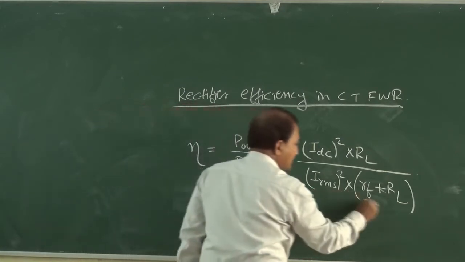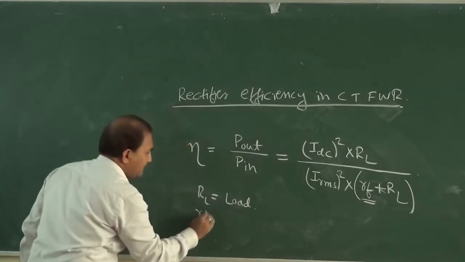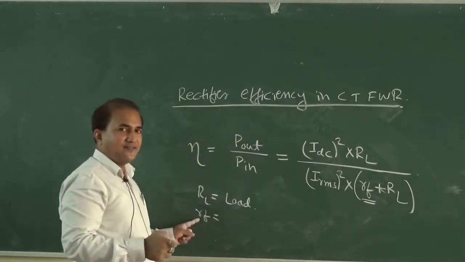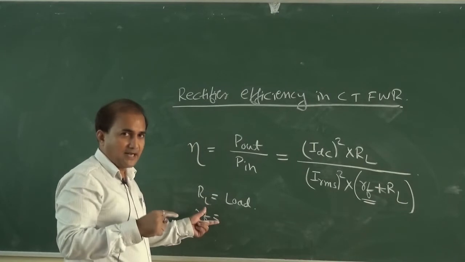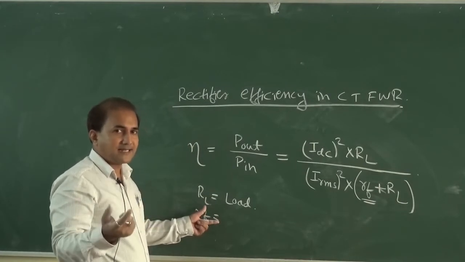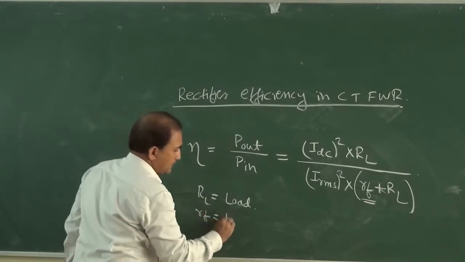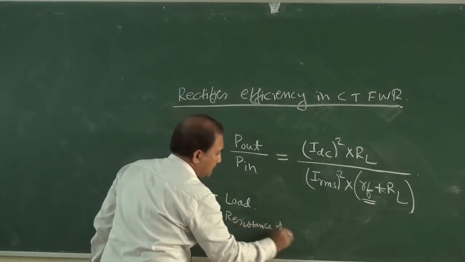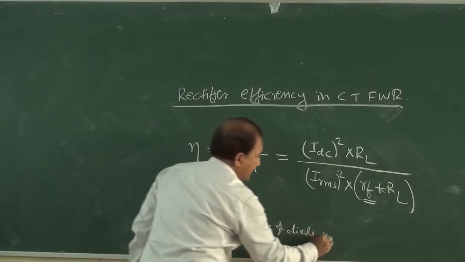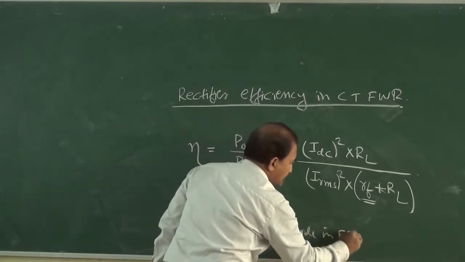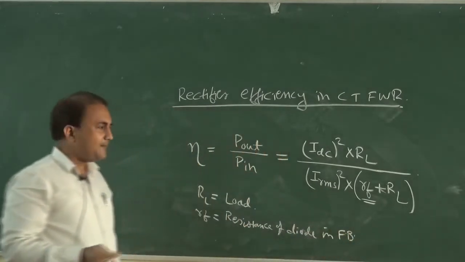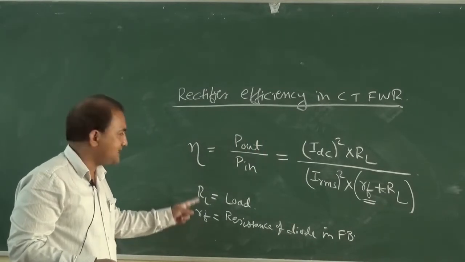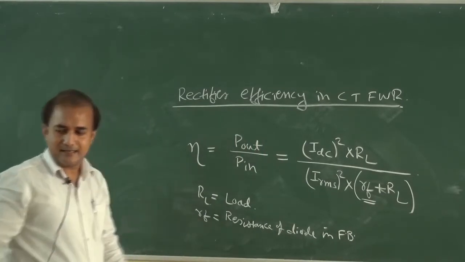And what is this small RF? RF is the resistance of the diode in forward bias condition. Generally RF is very much less as compared to RL.